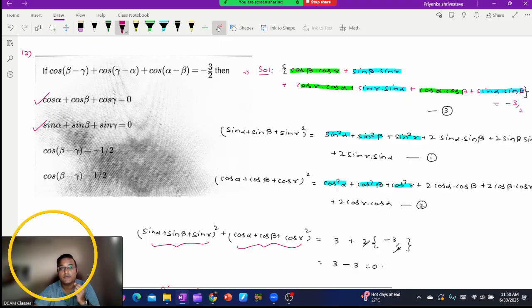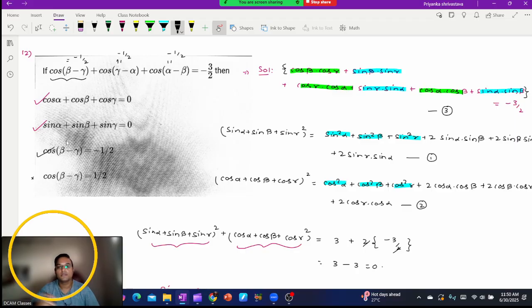Now if we take the initial condition, this equation, if you just observe it, you just put that these values have to be equal to minus half, and minus half. That means cos beta minus gamma should be equal to minus half. It's not this.